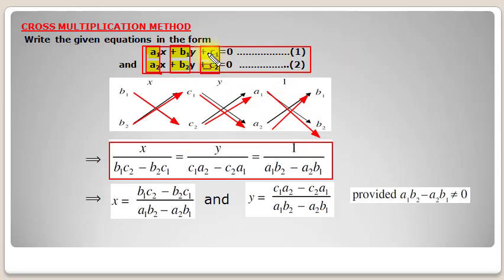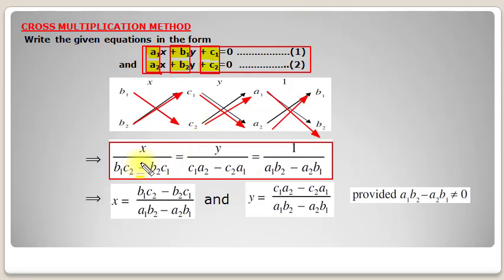But remember that this is only applicable when the given system of equations is in the standard form a1x plus b1y plus c1 equals 0 and a2x plus b2y plus c2 equals 0.